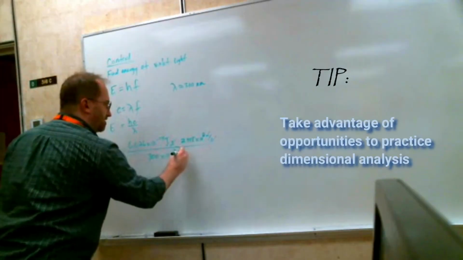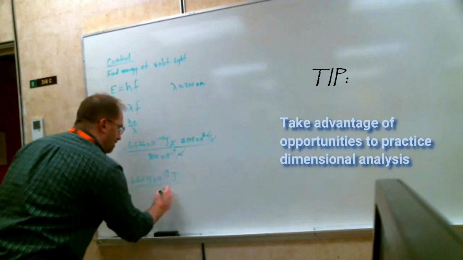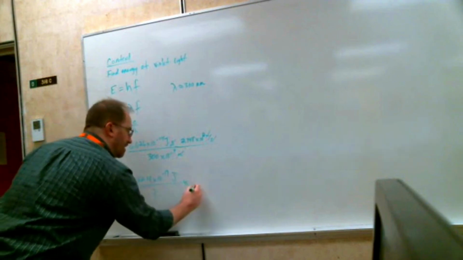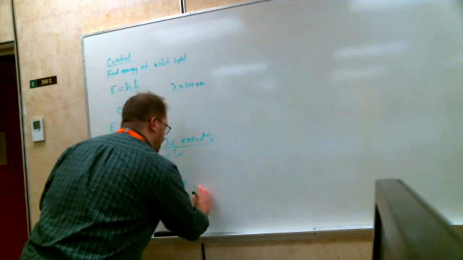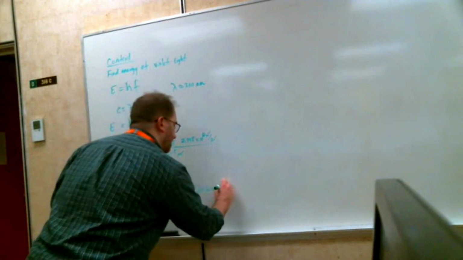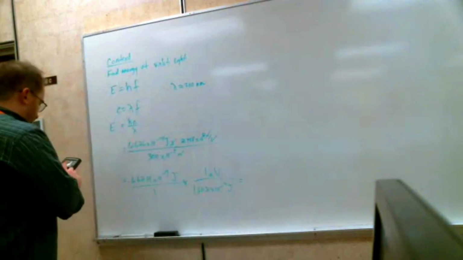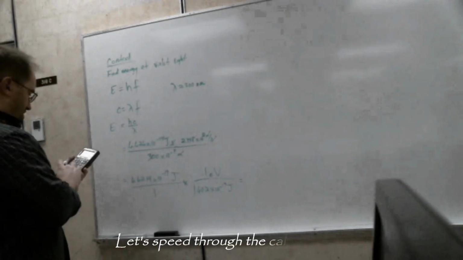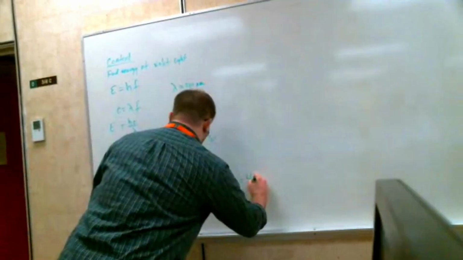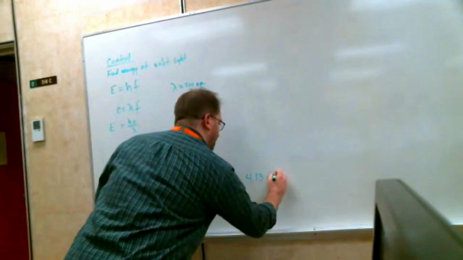Seconds cancel out with seconds, meters cancel out with meters. This is in joules. We need to have that in eV. So 1.602 times 10 to the minus 19 joules for 1 electron volt gives us a grand total of 4.13 electron volts.